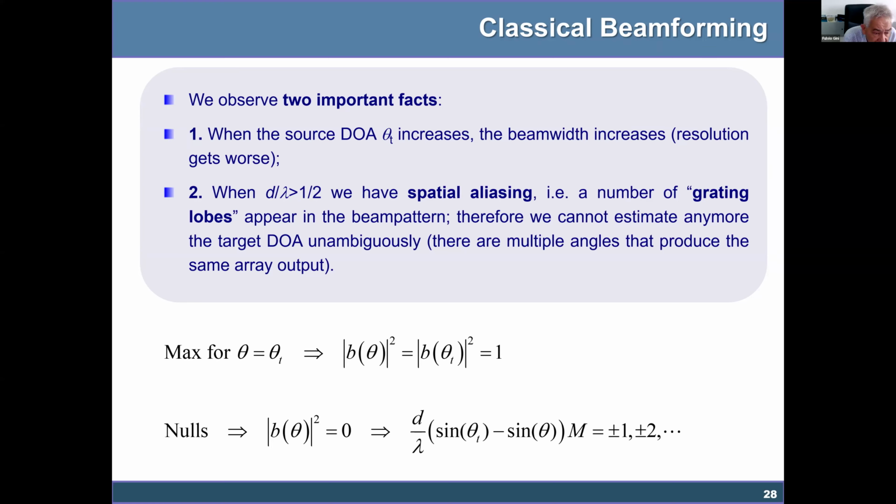If d over lambda is greater than 0.5, we have spatial aliasing. And you see this because you start to see grating lobes in the beam pattern. The presence of grating lobes has the effect that we cannot estimate anymore the source direction of arrival unambiguously, because there are multiple angles, multiple peaks, and so you don't know which one is the right one.